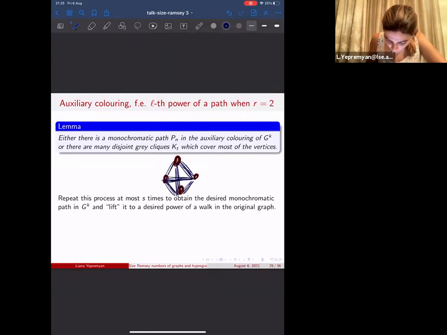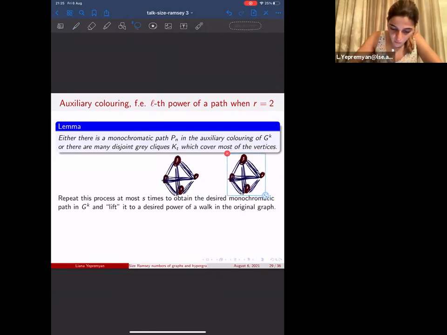And then what you do, you iterate this process, and what you end up seeing is things like this, many such things together, and between them you see yet another color.